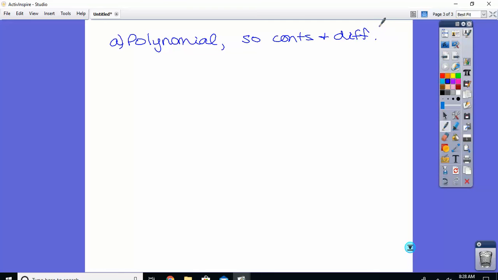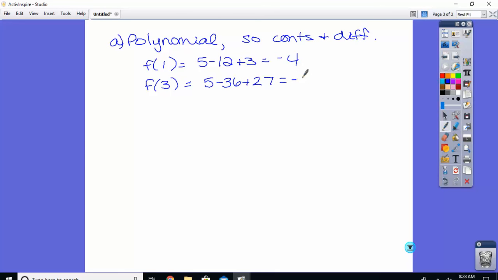Then the next thing for the Rolle's theorem, the values of the endpoints have to be the same, so we are looking on the interval 1 to 3. So if we plug in a 1, you get -4. If you plug in a 3, you get -4. So those are equal.